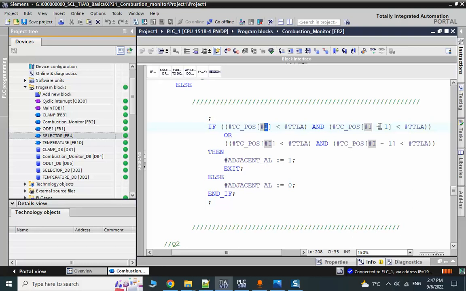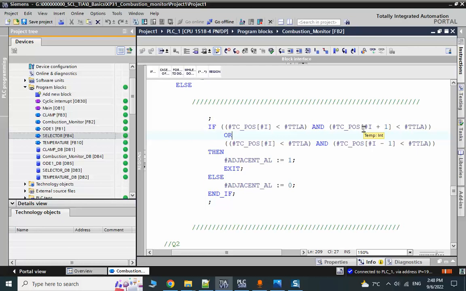If we want to use this formula for all conditions, even for boundaries, the PLC will not be happy with thermocouple position -1, or in 12 it's not happy with thermocouple number 13, because they don't exist.